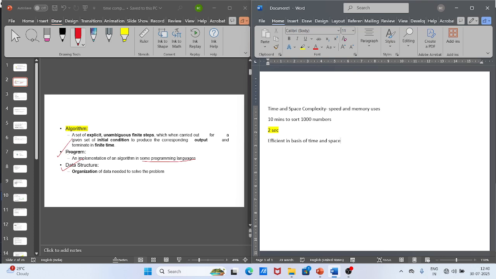Shirts in one place, pants in another. We arrange the data.